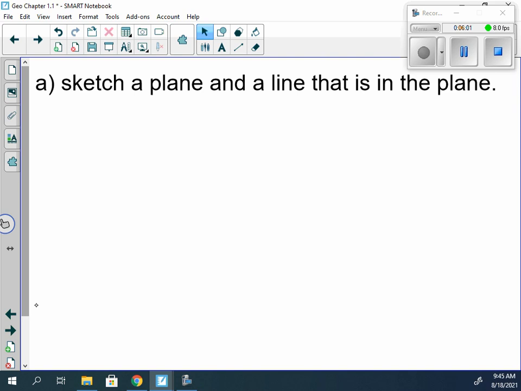Almost. Because we're sketching a plane and a line that is in it. That's it. Almost done. You just need one more arrow to put, because each line has 2 arrows. That's it.